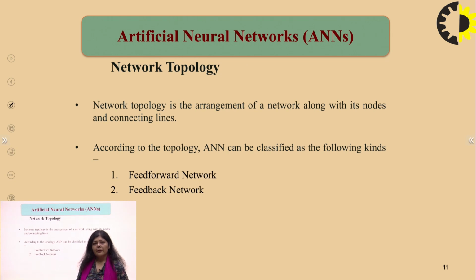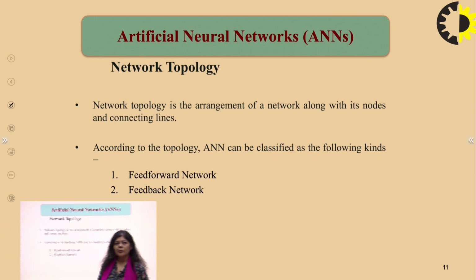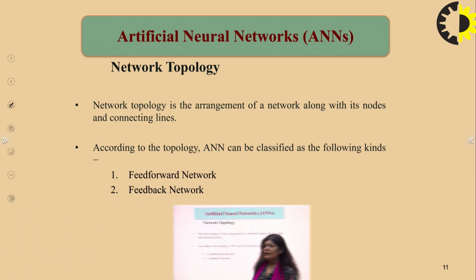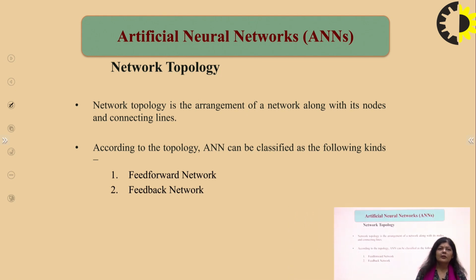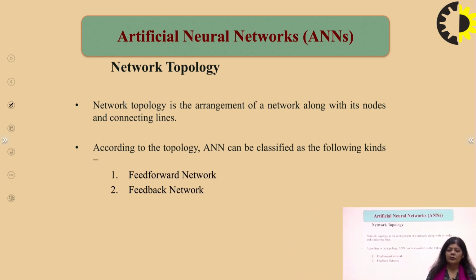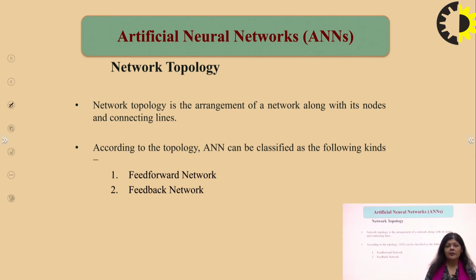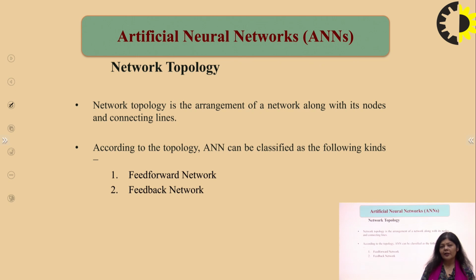The first parameter that we are going to briefly discuss is the network topology. The topology is the arrangement of the nodes inside a network. How we arrange the neurons in the form of a network, and how we connect them together, decides the topology of the neural network.